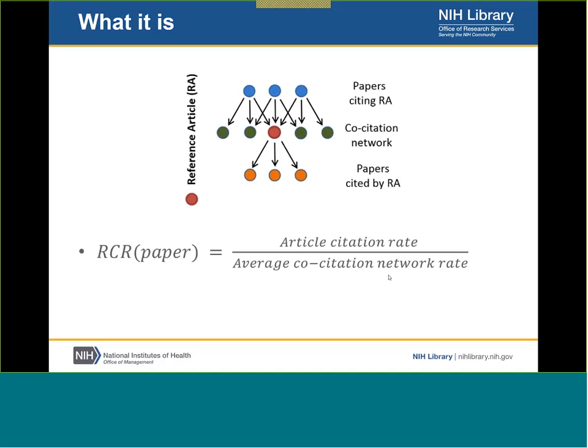It's a little bit complicated, but basically this is how it works. And once you get that number, you will be able to say how many times better your publication is than the average of the co-citation network, or the NIH-funded publications.